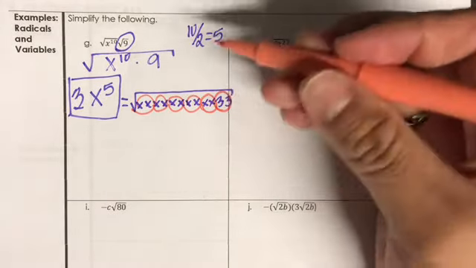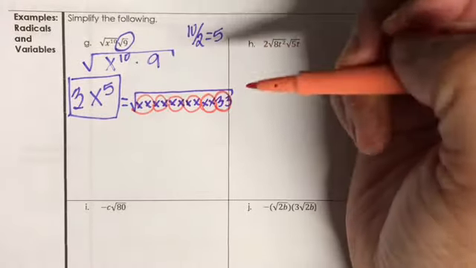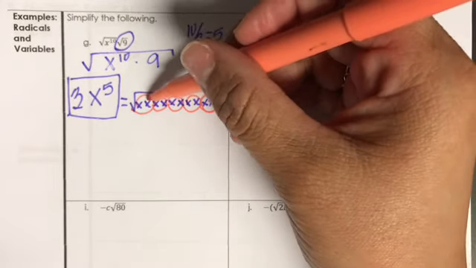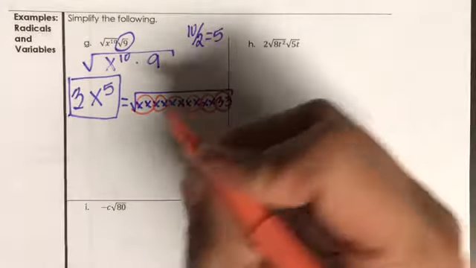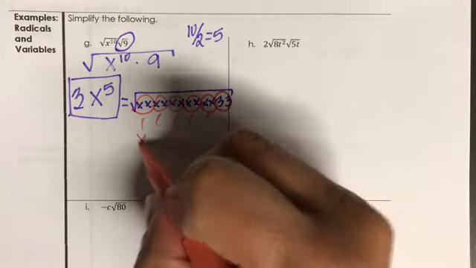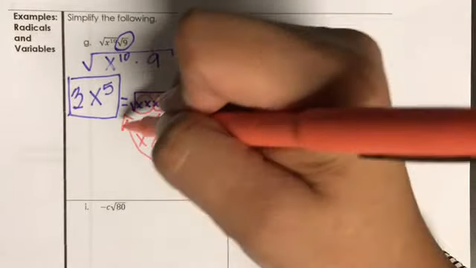Remember, I take out 1, so for the pair of 3's, I took out a 3. For each pair of x's, I took out an x to the first. So that means when I took the square root, I had x times x times x times x times x, which gave me x to the 5th. So that's where that came from.